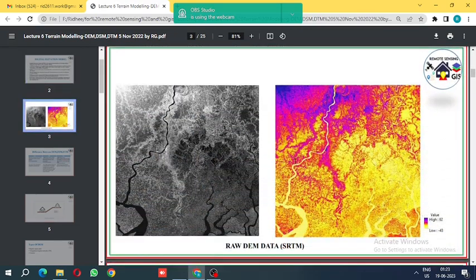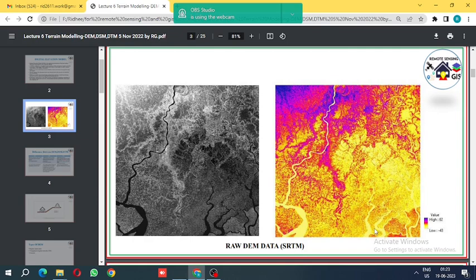So let's see, this is one of my raw DEM data, and I have just made a density slice here. So you can see the lowest height over here is minus 43 and highest is 62 meter. So this is the area where the lowest height is minus 43.